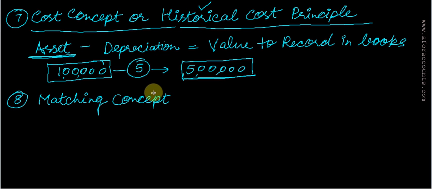Then you have to give an example and tell that due to this principle the accountant has done this, or the owner has not taken a right decision in doing this. Small questions will be asked. If your principle is clear, you can do it. Matching concept or matching principle.